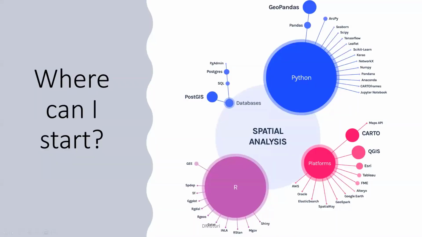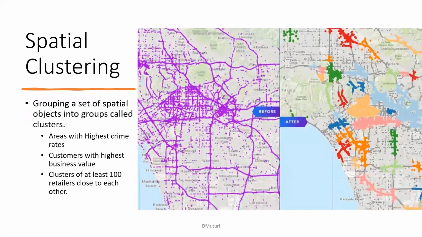But if you run a spatial analysis component, and this is jumping to the next slide, if you run now the spatial clustering, you can see the transformation, how it looks. Maybe the rule that you set here is give me groups of people that are not less than 100, that is a component we call proximity, people that are close together.